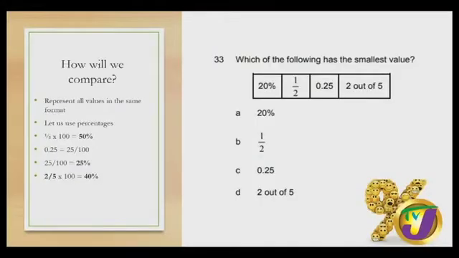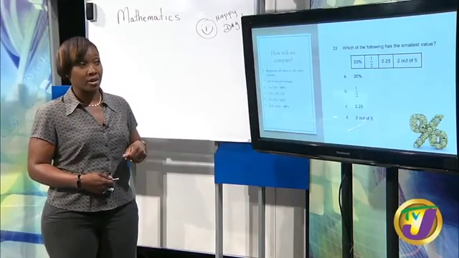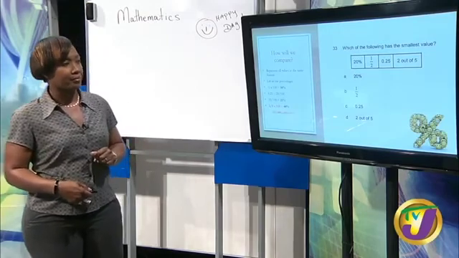Now, when all the values are in the same format, comparing them is way easier. So out of 20, 50, 25, 40, which is the smallest value? That's a giveaway. So the answer is 20%. But the skill set that you'd have to have is being able to convert all the other formats to percentages in order to compare. You could also bring everything to fractions and then compare.